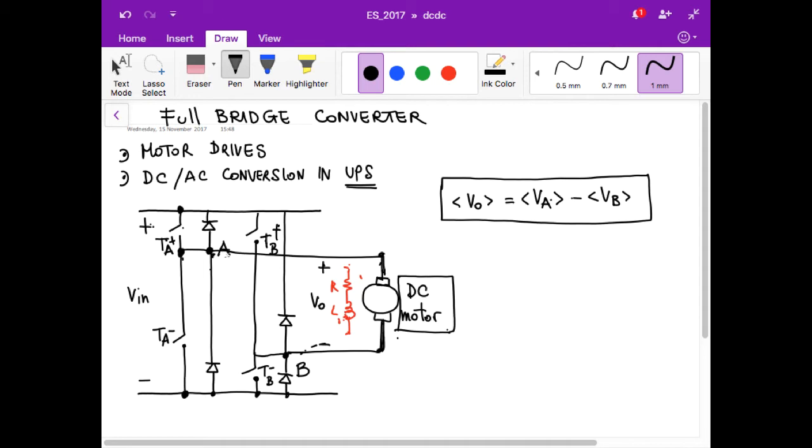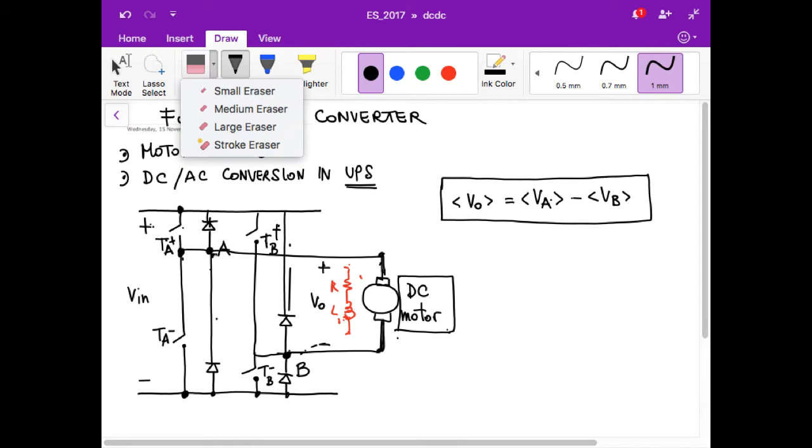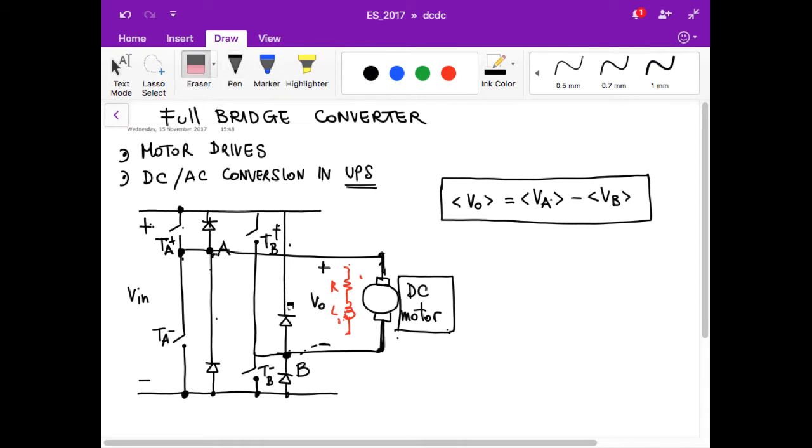And again, I can obtain the same for B. So basically, depending on the duty cycle, VA can go from V in to 0, and VB can go from V in to 0, and therefore VO can go from plus V in to minus V in. So I can vary the average value of the output voltage between plus V in and minus V in, which means I can have both positive and negative values.